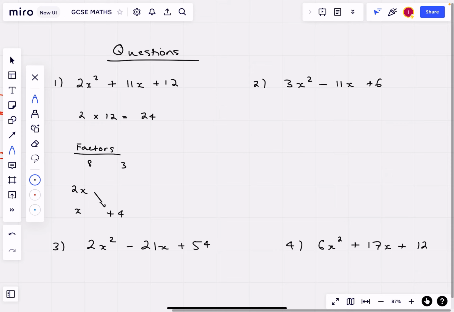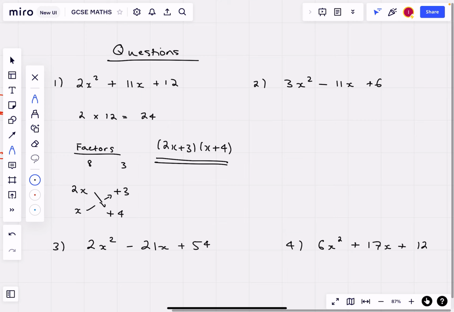The reason it's plus is because our factor 8 is a positive number. Okay, what's left? The 3. We write that opposite here, plus 3, again, because it's a positive number. And now we've got our brackets, 2x plus 3, x plus 4. There we go. That's our answer.